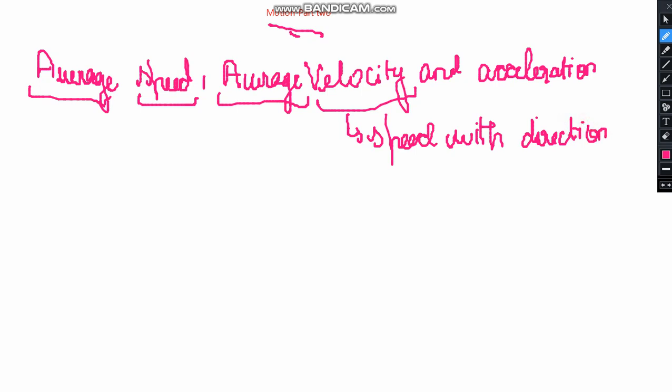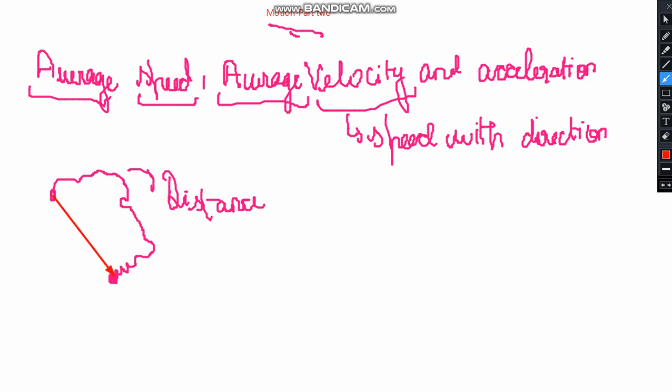Before we describe average speed, let us first see what you learned in the previous video. If a particle moves like this and ends here, the total path length is basically the distance. However, displacement is the arrow from the start to the end.